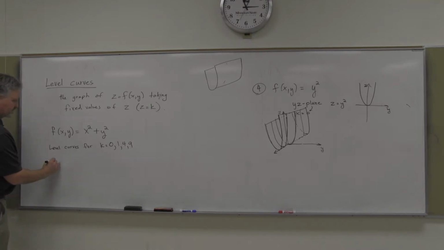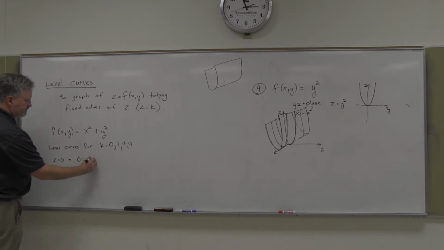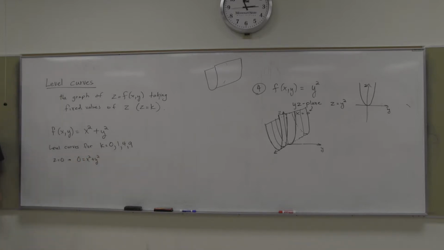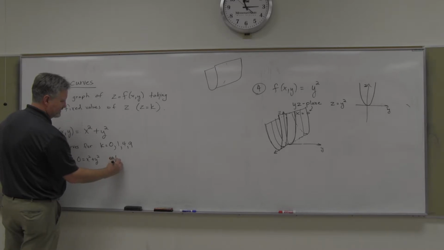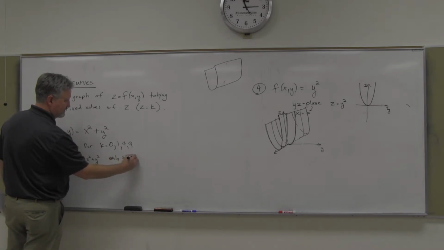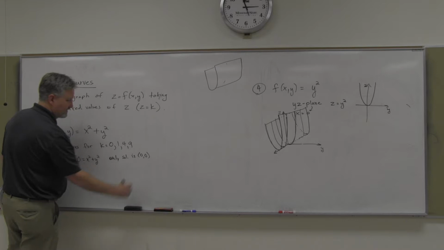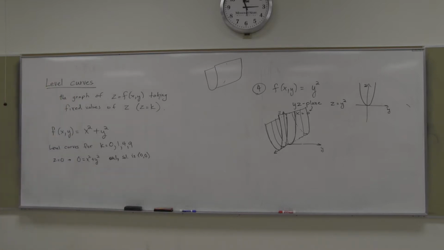Okay, so if z equals 0, what we've got is 0 equals x squared plus y squared. Well, that's not a very interesting equation because the only solution would be 0, 0. Right? It's 1 point.